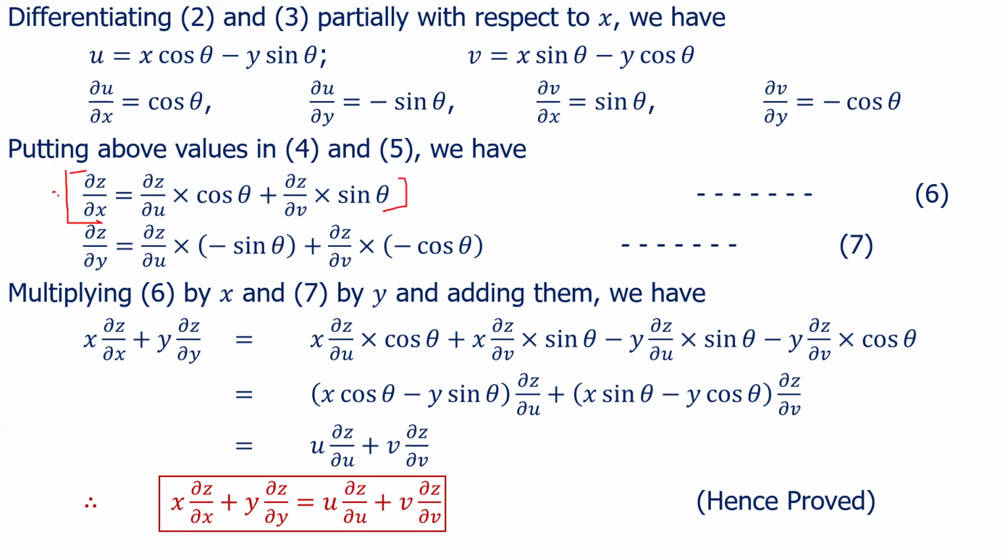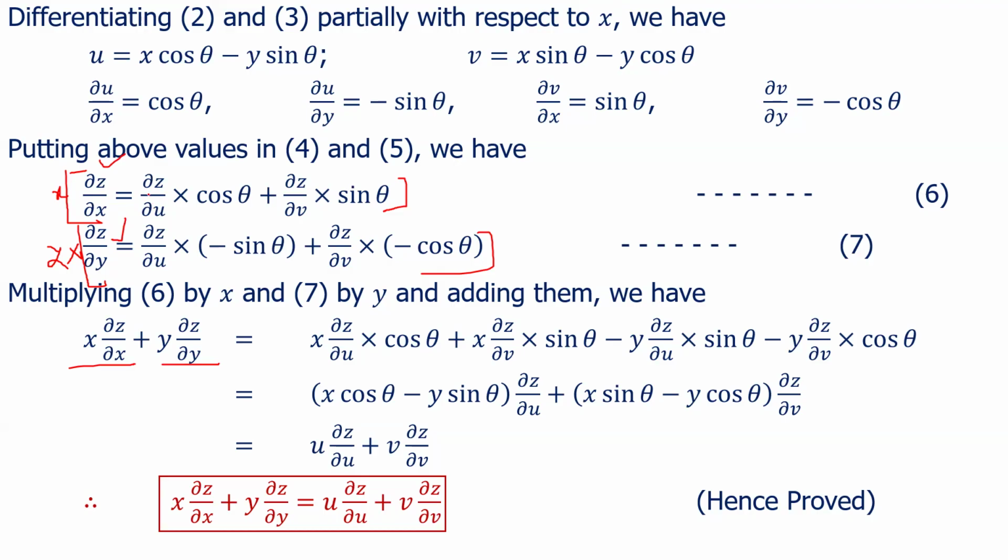Now we multiply equation number 6 by x and the other equation by y, and add them: x ∂z/∂x plus y ∂z/∂y. So we multiply this by x, multiply this by y and add them.